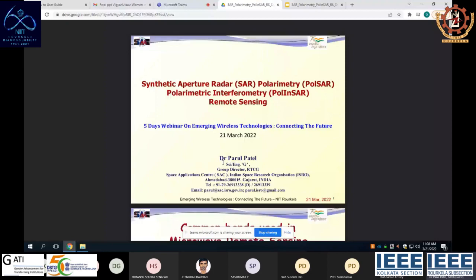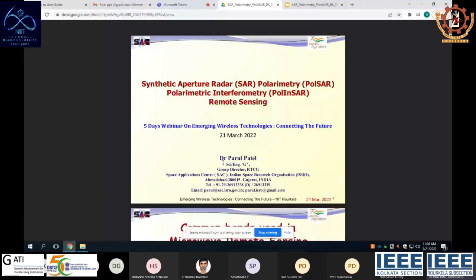And as I mentioned, through clouds, soil, and vegetation, these microwaves are able to penetrate, and you can get information underneath vegetation and underneath the soil. Soil moisture is one of the major applications of microwave remote sensing, and you are able to get information on orientation, structure, and the roughness of the target.